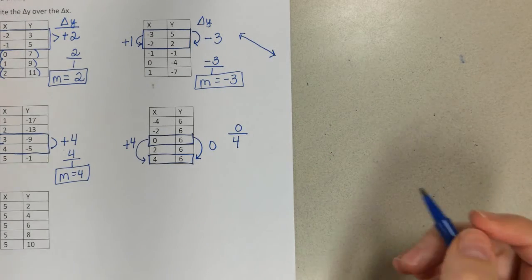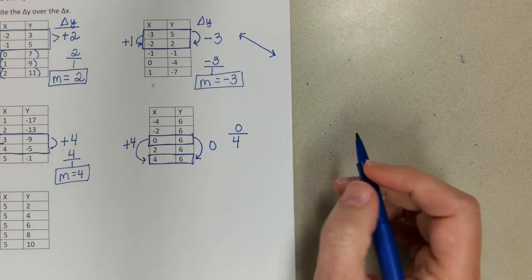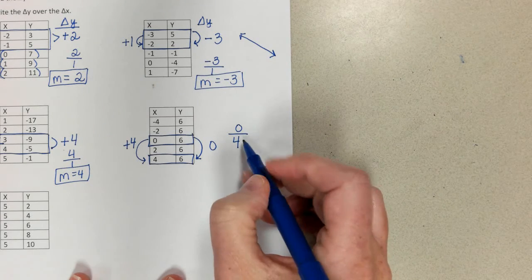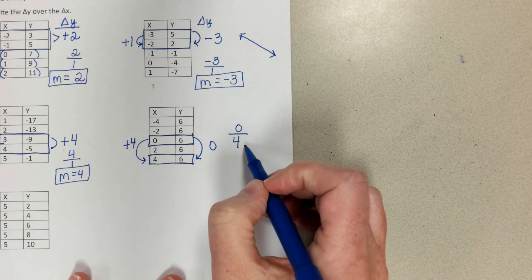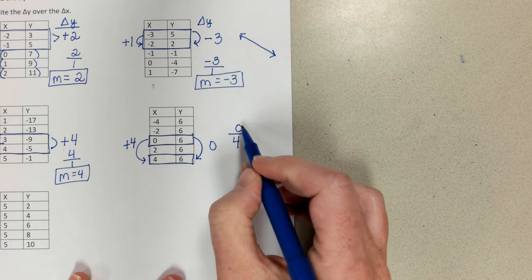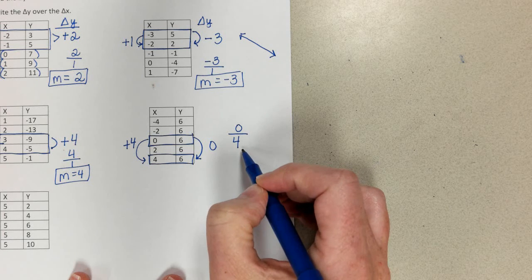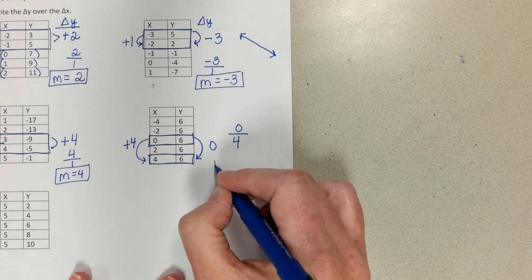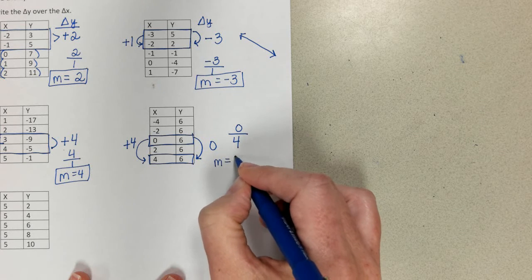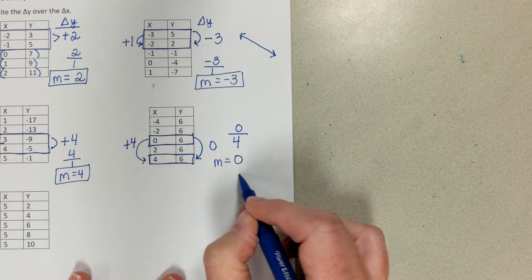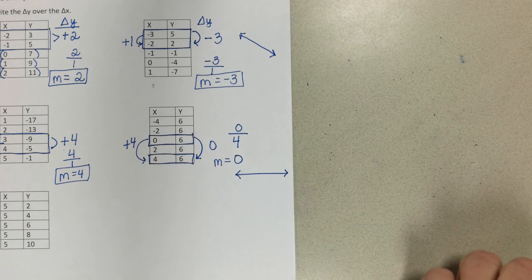Now, this is one of those special ones. 0 over 4, if you're not sure and you don't remember, type this in your calculator: 0 divided by 4. And what you will see is that 0 divided by 4 is 0. This is a horizontal line. This is our 0 slope that we're talking about.